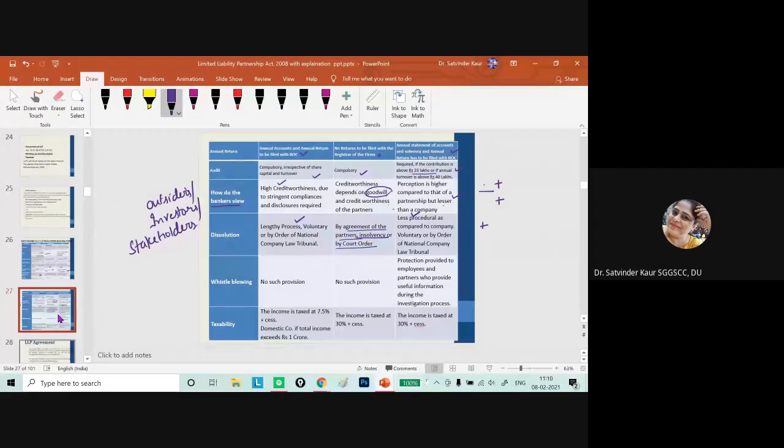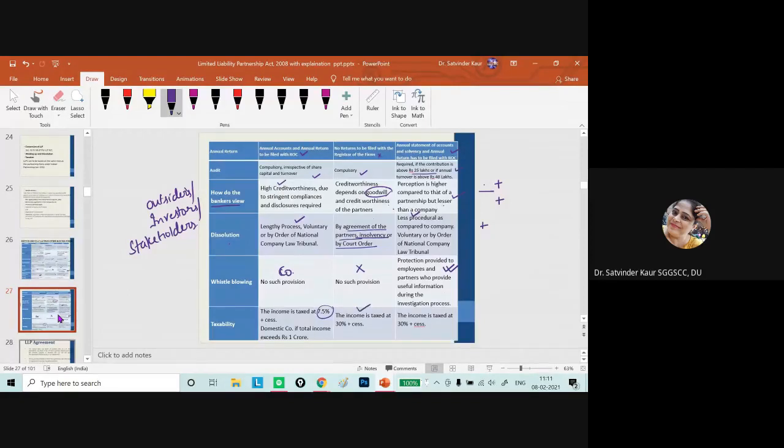If we talk about the whistleblowing provision, it is there in the case of the companies. In case of partnership firm, there is no such provision. And in case of the LLP, the whistleblowing provision also exists. If we talk about taxability, it keeps on changing year to year for companies.